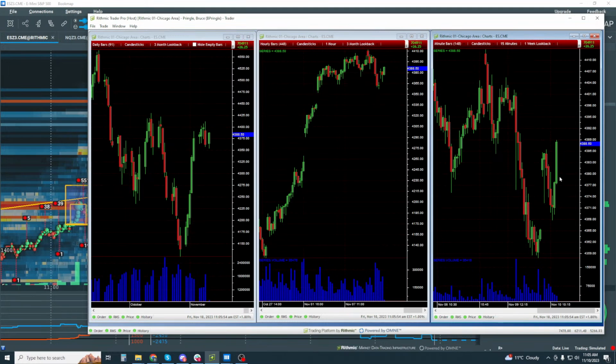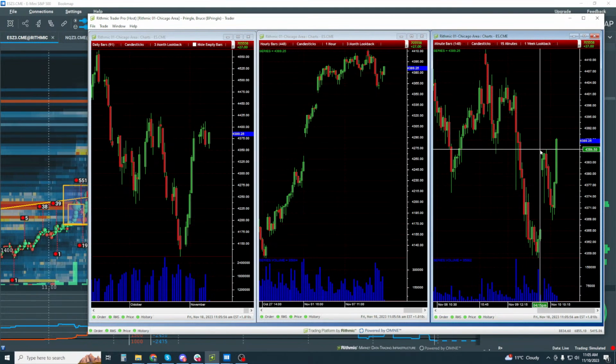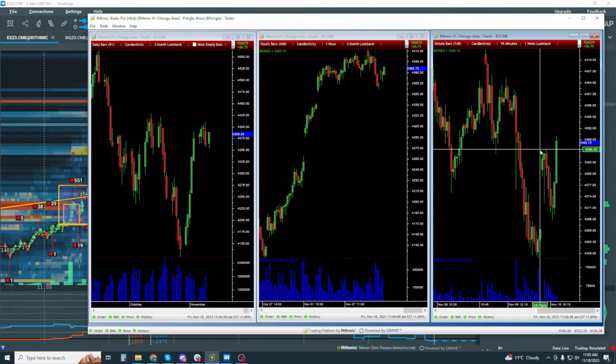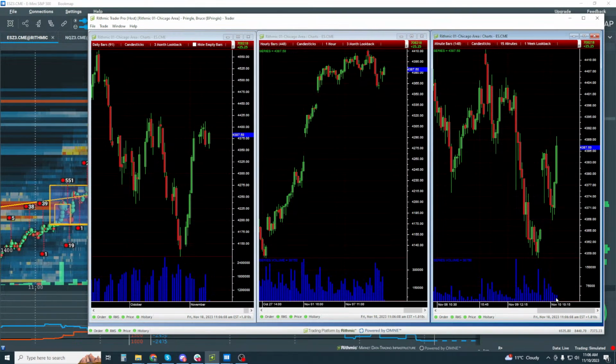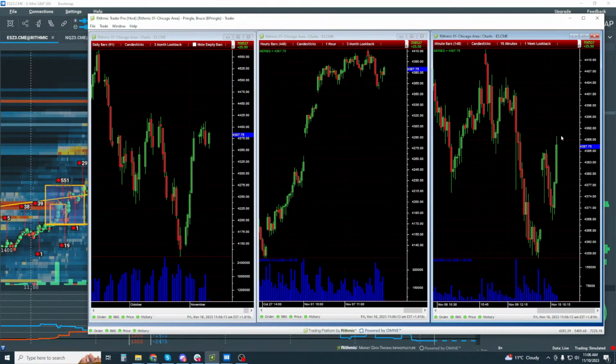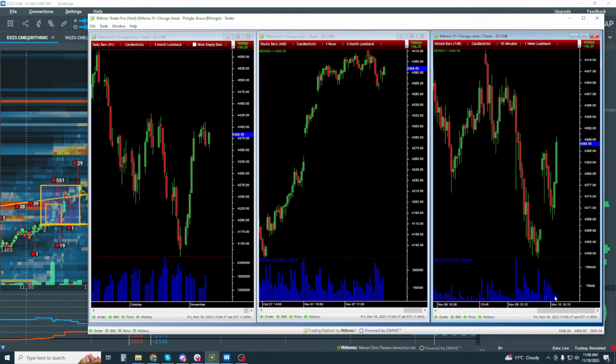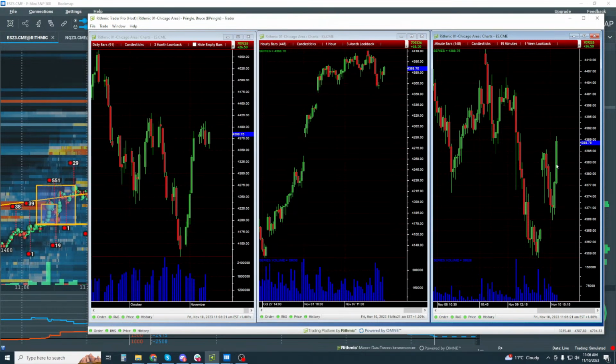Okay, I know that there's strong moves. That's good. So, are we going to get the continuation though? Well, I want strong volume to be behind them in here. Now we're missing it here in Bookmap. I'm just looking at these volume bars down here, and this is where I think Bookmap can really help you, because these bars down here are not really helping us with the right here and the right now.